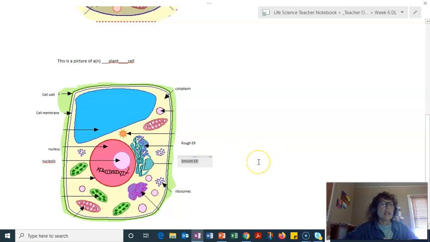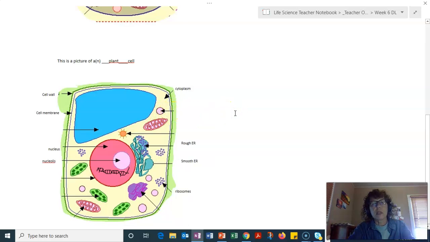All right. Next thing is vesicles. Vesicles were the tiny spheres that held the proteins and took them from one place to the other. So the vesicle just looks like a blob, and I'm down in the plant cell, and I'm going to label this pink thing as a vesicle.